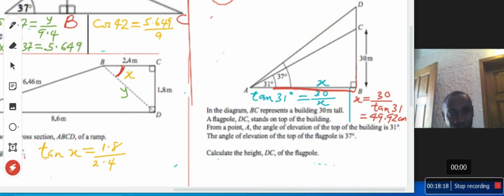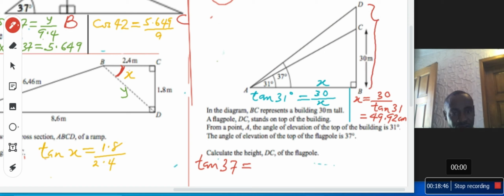In the whole big triangle, first of all, let's find just this big triangle. Don't even bother about this one. Watch it. For that big triangle, tan 37 is equal to opposite, which is this whole place. I can call it y.